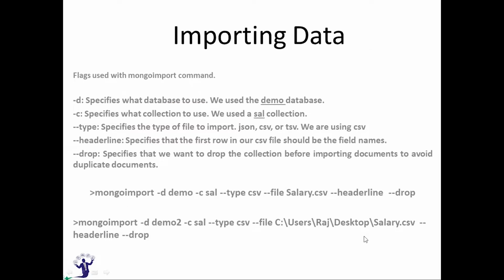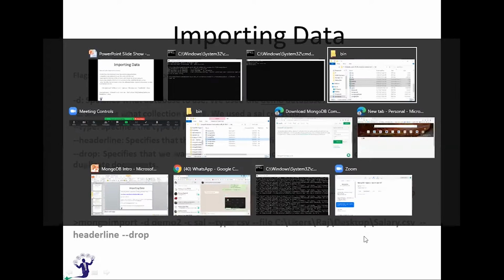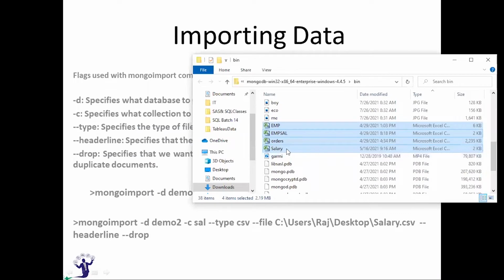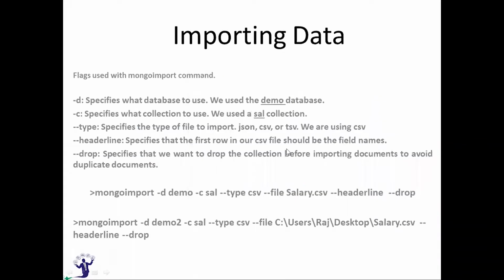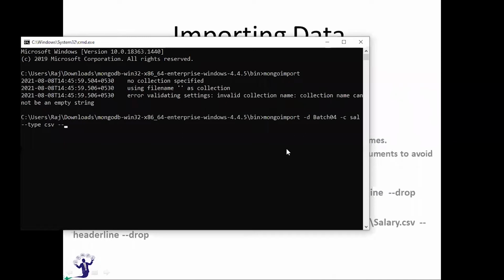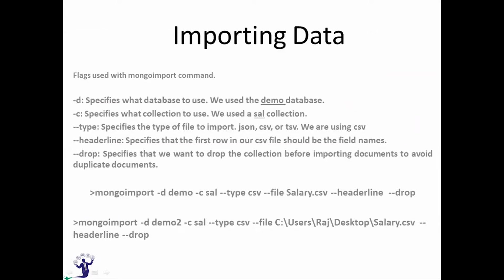Then double hyphen the name of the file, which is the file you want to import. Let us see the name of the file over here. It is salary. So I can say --file salary.csv.